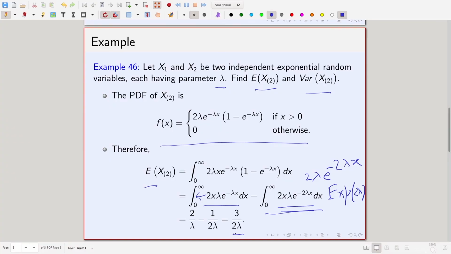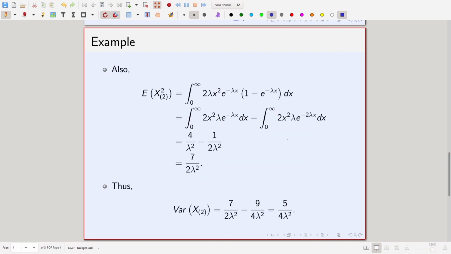Here we are not exactly finding the distribution, but we actually have found the distribution because this is the density of the maximum. That gives you the distribution of the maximum, and we have also calculated the mean of the maximum. Now what about the variance?